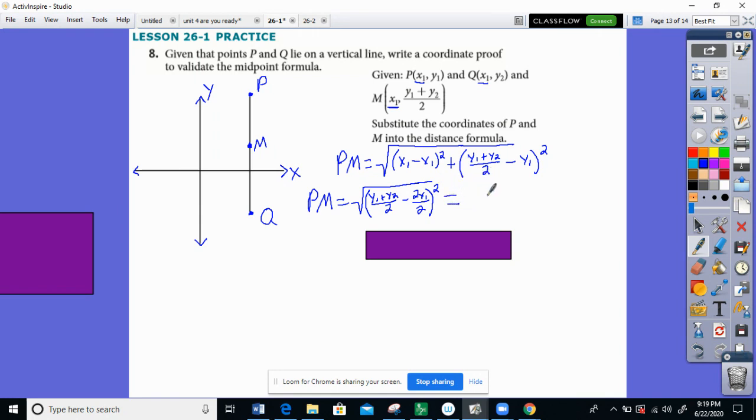All right, so cleaning things up here, we've got a 2 in the denominator. We've got y2 in the numerator. y1 minus 2y1 is negative y1. And so we can leave the length of segment PM as this expression right here.